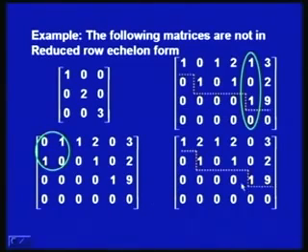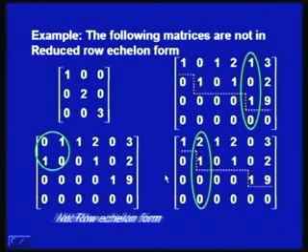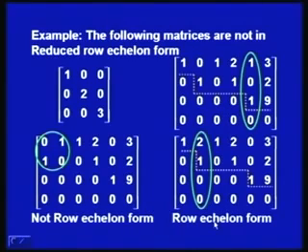Now in this case again the staircase pattern is there, but this particular column makes it different from a reduced row echelon form, because this is the leading one, but this has another entry which is non-zero. So this again is not in reduced row echelon form. So they are not in reduced form, but they can be in row echelon form.